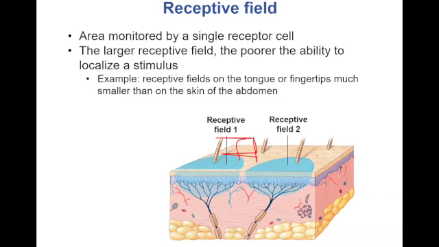And therefore, your ability to discriminate between fine detail at the fingertips is so much more when we compare that to an area like your back. So I think you all tried the fingertips, the anterior portion of your forearm, the back of your neck, different areas like that. And hopefully you were able to view this concept in practice in the lab.